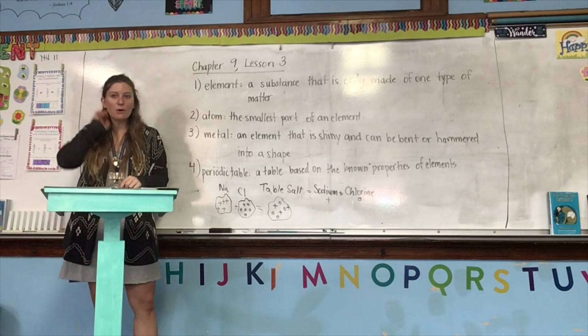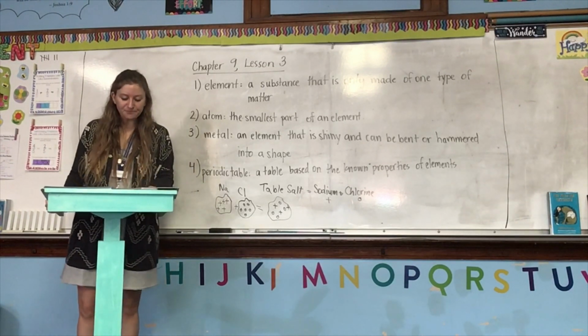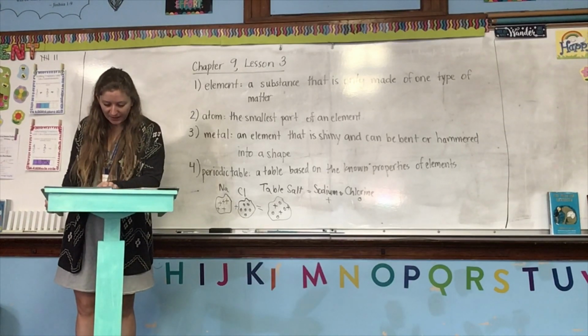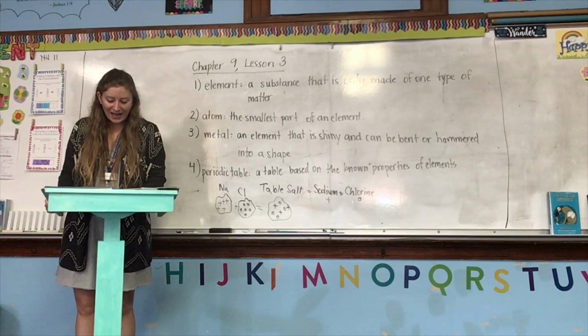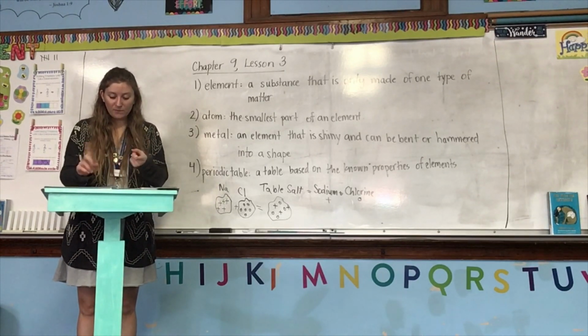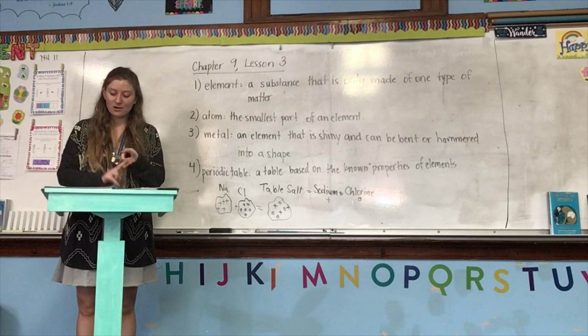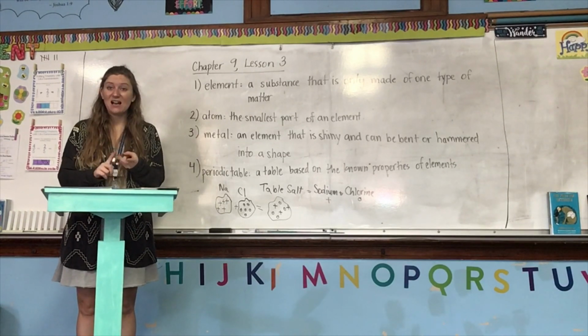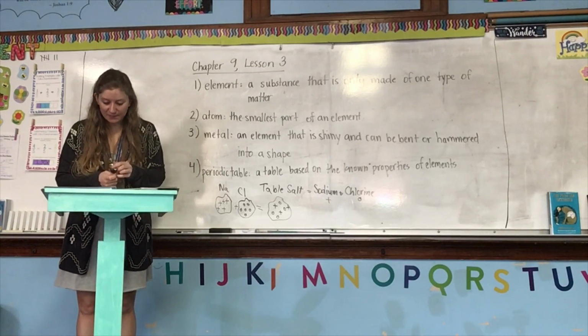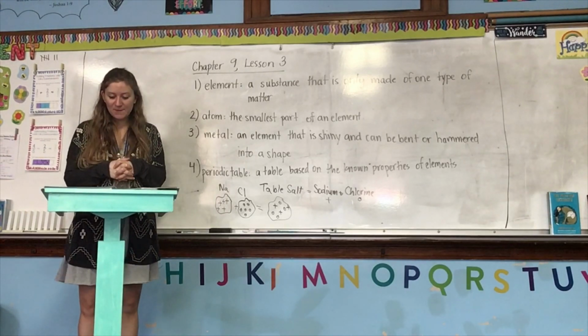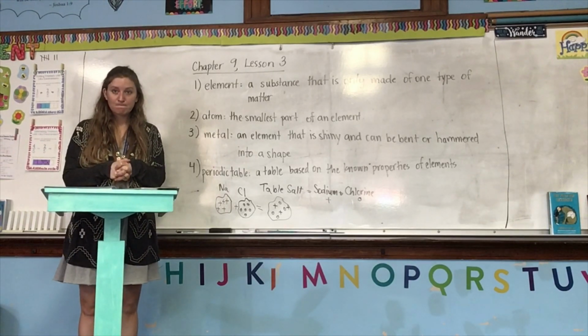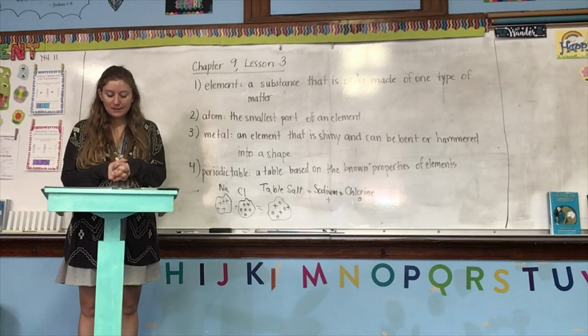Now, let's do what we did with fluorine with carbon. So let's find carbon in the periodic table, and we're going to say, is it a metal, metalloid, or nonmetal? And is it a solid, liquid, or gas at room temperature? Go ahead and take a second to find carbon. I found it.